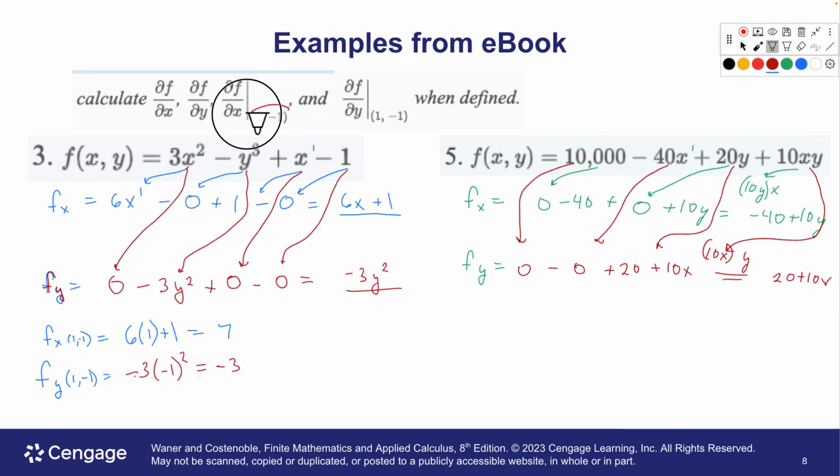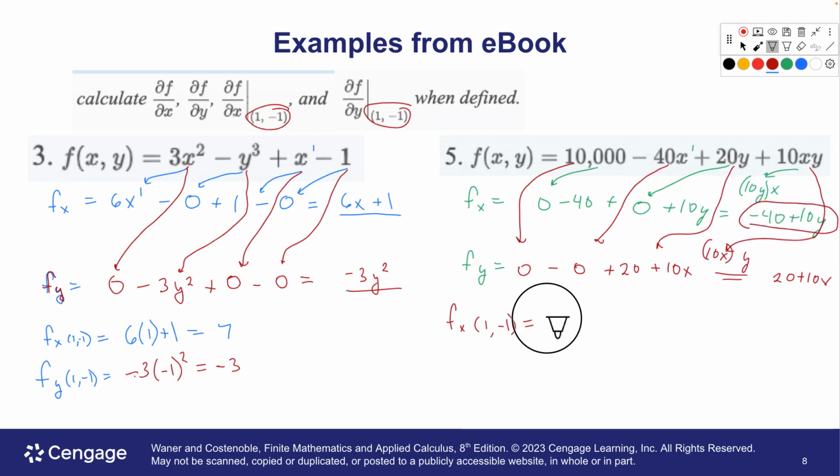And then you can plug the point in for each of these. Derivative with respect to x at 1, negative 1. So that's our function right here. We're going to get negative 40 plus 10, and we're substituting in for y, which is negative 1. Negative 40 minus 10, negative 50.